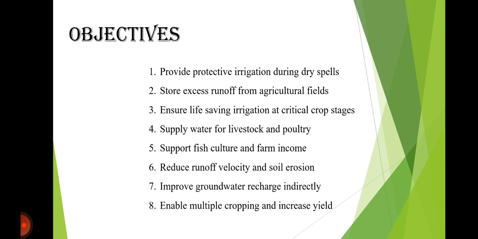It is to supply water for livestock and poultry, support fish culture and farm income, and reduce runoff velocity and soil erosion. It also improves groundwater recharge indirectly. It enables multiple cropping and increases yield. These are some of the objectives of the farm ponds where the water may be stored.